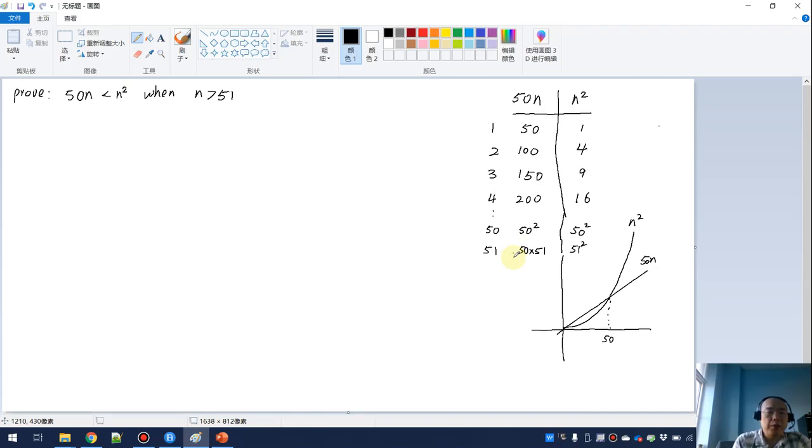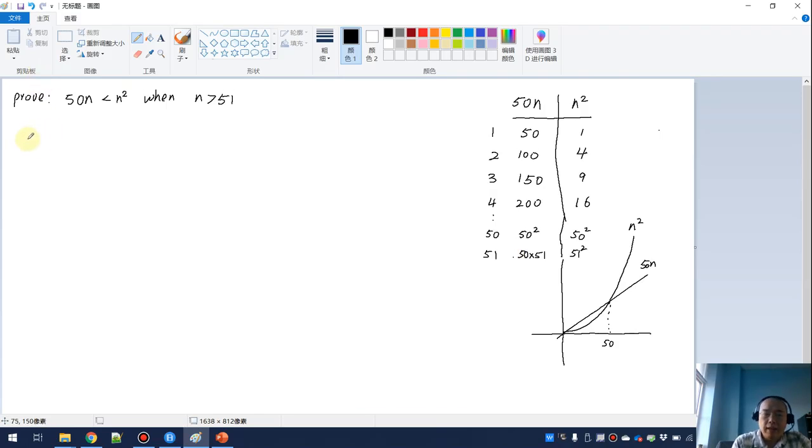When n equals 51, this is the basis, we have 50 multiplied by 51 is smaller than 51 squared. So at this point, the statement is true. This is the basis part.